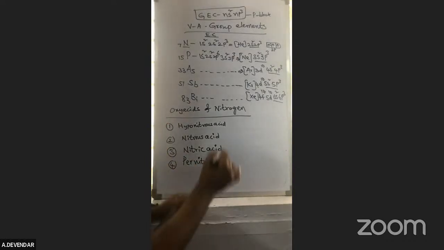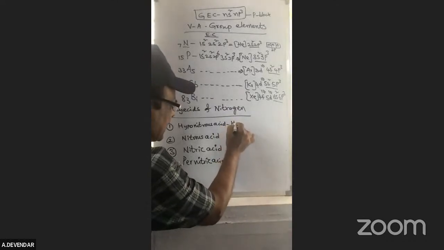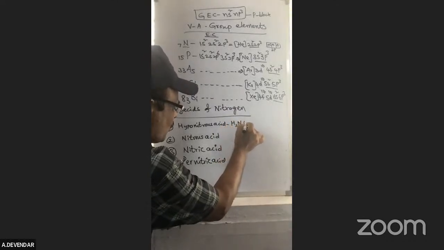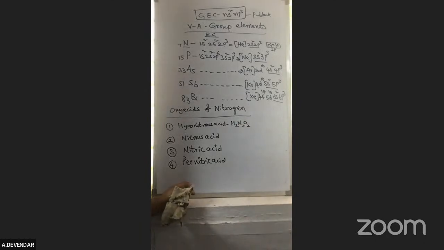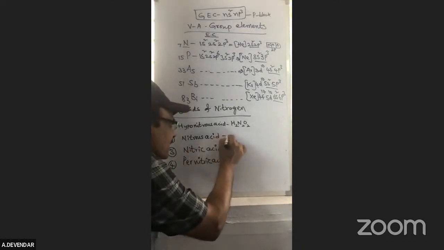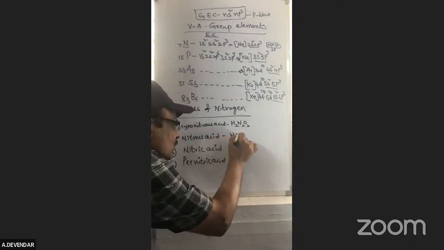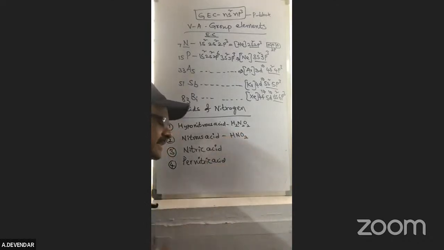Hyponitrous acid, the formula is H2N2O2, nothing but HNO. It's a dimeric form. So H2N2O2 is hyponitrous acid. Next is nitrous acid, HNO2.